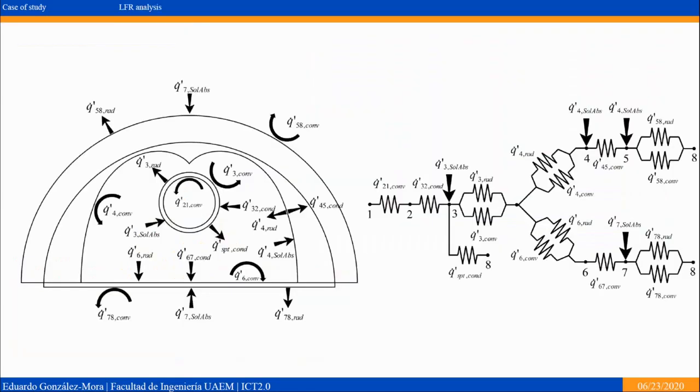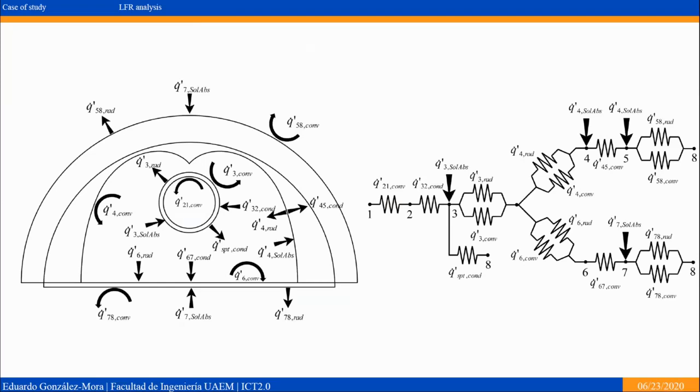We have to characterize the thermal behavior of the linear reflector, so all the heat interactions are schematically shown in the left picture. And on the right side, I'm showing the heat transfer resistance model to define the direction of the heat fluxes. Each surface has a number to identify it.